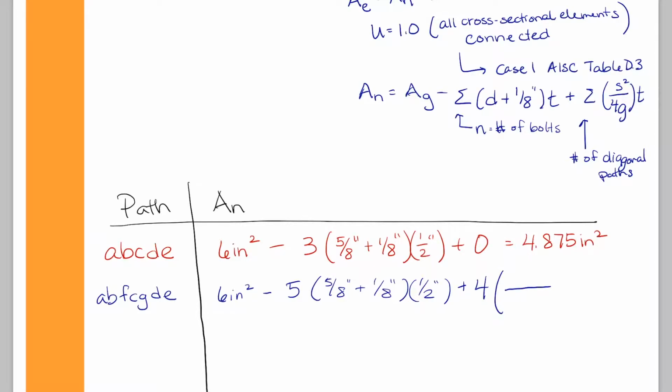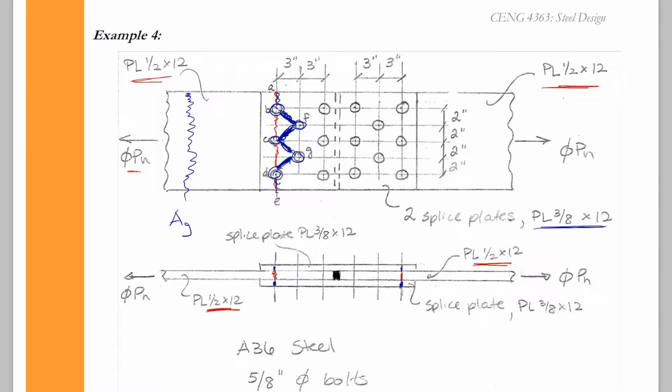Now, we can't really derive this term. It came from some tests. But it works pretty well for our bolted connections. And so we just add in this term, 4 of them for 4 diagonals times s squared over 4g. And then we multiply by the thickness. Okay, and then just to recap, if you don't remember, S is going to be our stagger, and it's going to be 3 inches here.